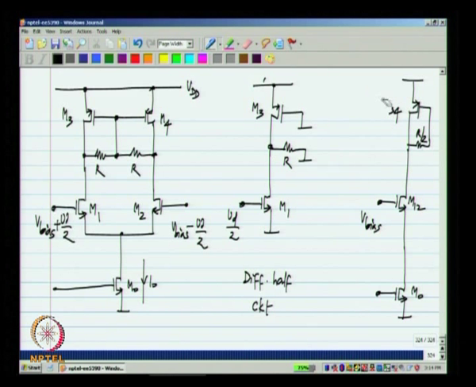Okay. This is small signal ground, and that is VDD. Okay.